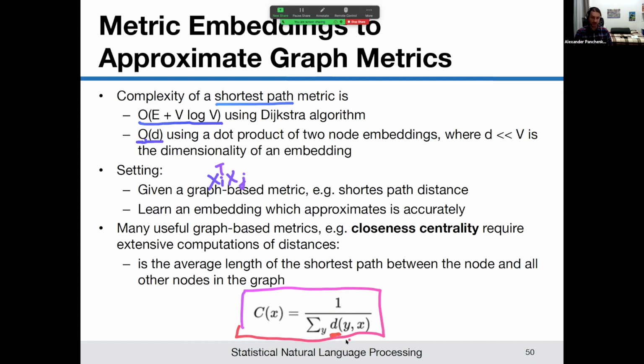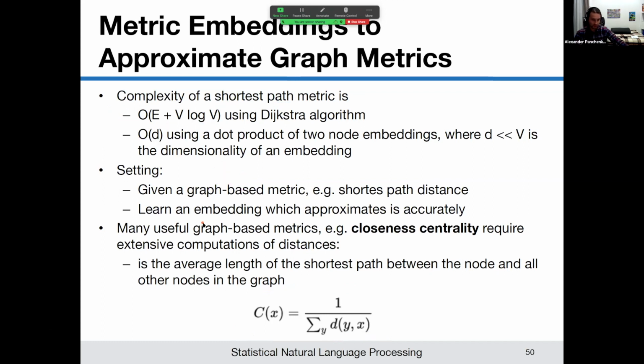Closeness centrality is an average length of the shortest paths between the node and all the other nodes in the graph, which means that for every node you will need to compute all of these distances, so this number you will have to multiply also by the number of vertices in the graph.